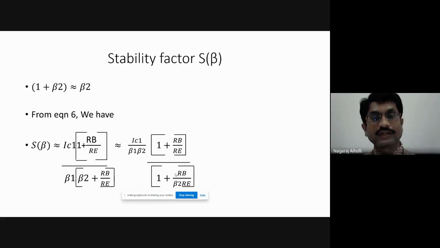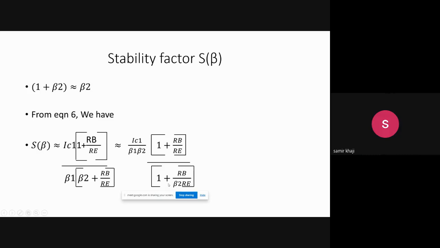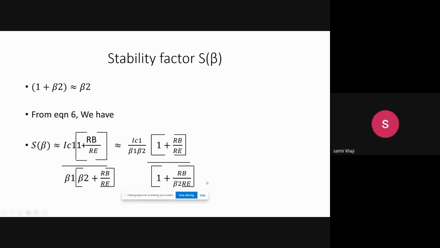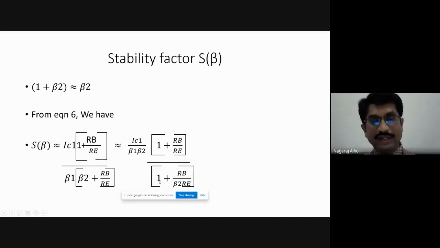Beta 2 is very high. So what will be RB divided by beta 2 into RE? Whether it is 0? 0, correct, you are right, it will be less than 1.